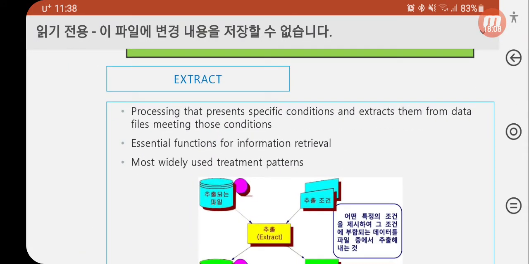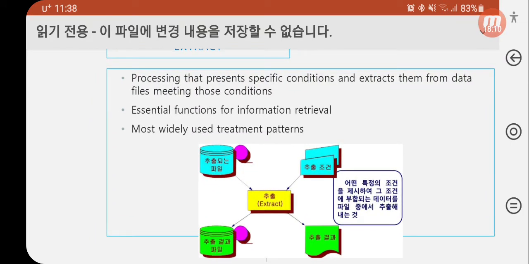Extract pattern. This is a processing that presents specific conditions and extracts data from the file meeting those conditions. Essential functions for information retrieval. Most widely used treatment patterns.